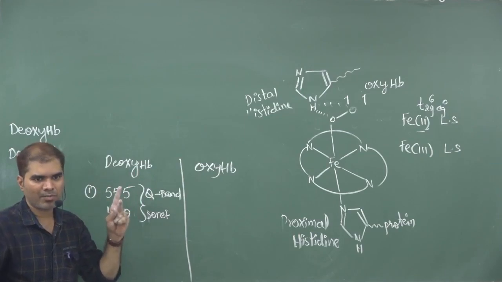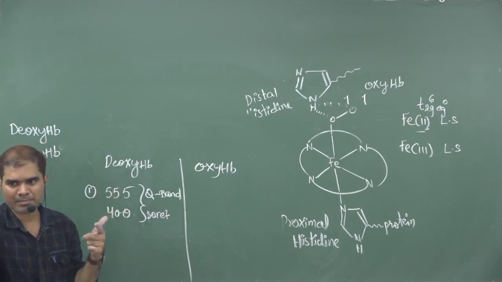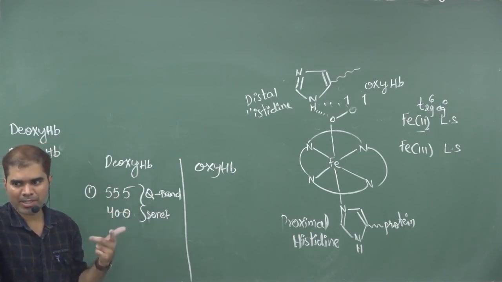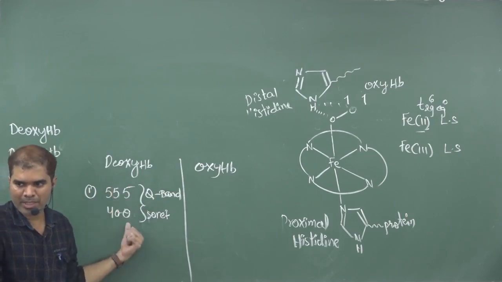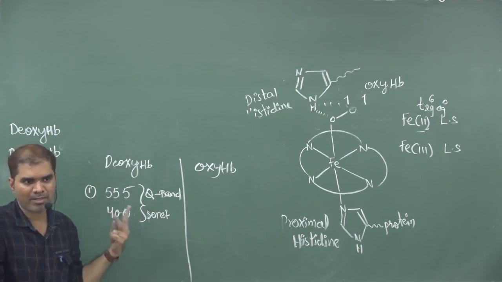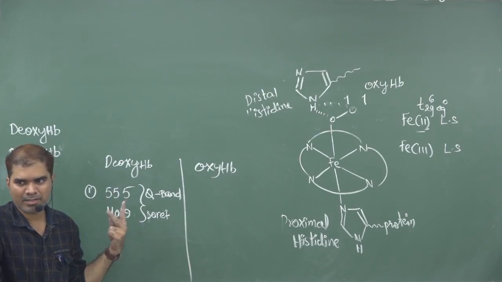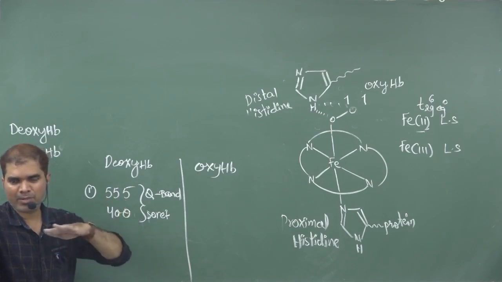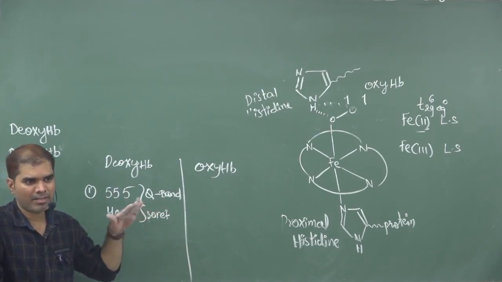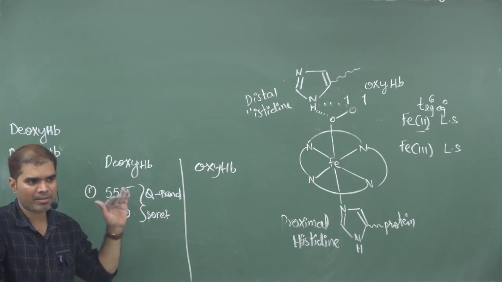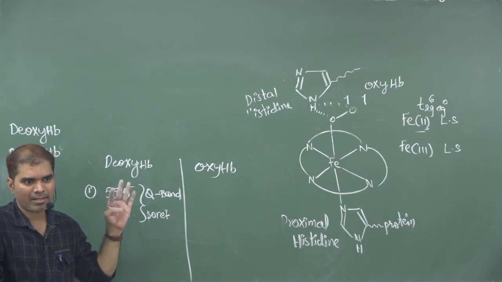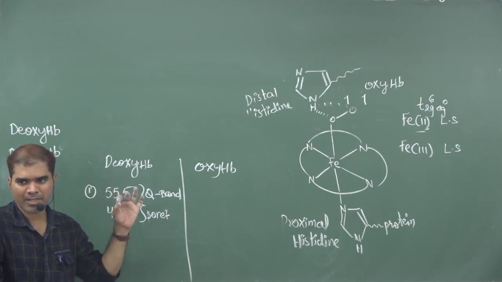Second question they ask is, what is the reason for color? 2 peaks are appearing, but why are 2 peaks appearing? D to D transition? No, there is no D to D transition. Pi to pi star, ILCT, intra-ligand charge transfer transition.